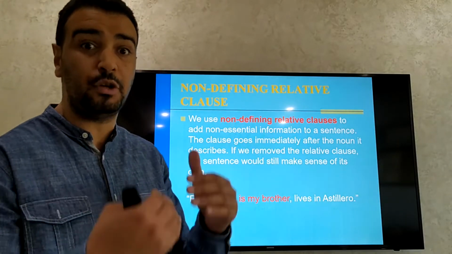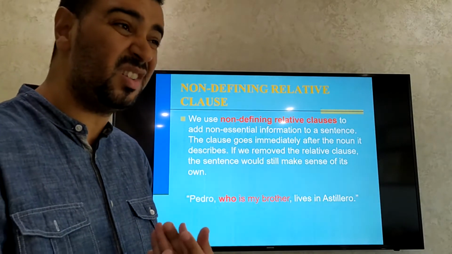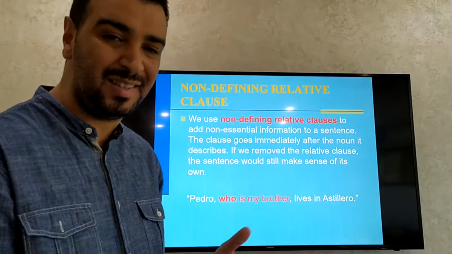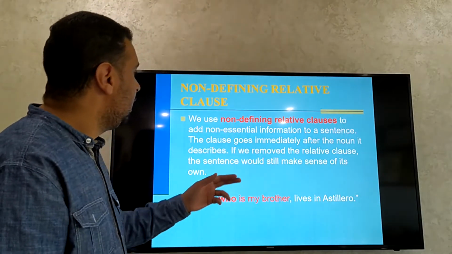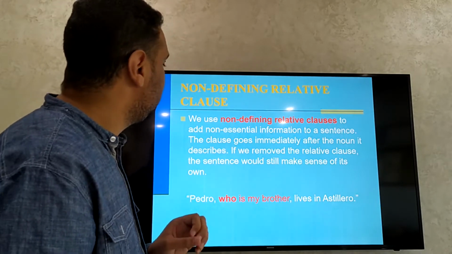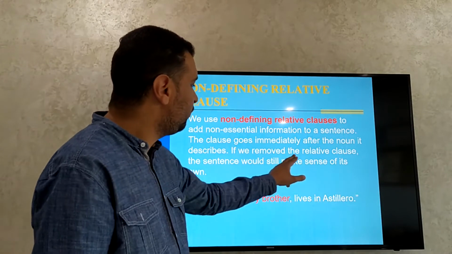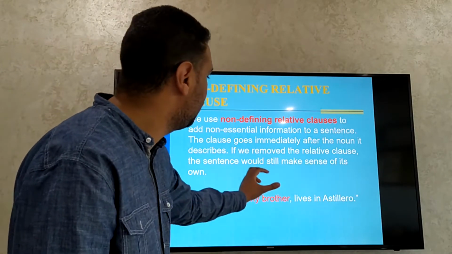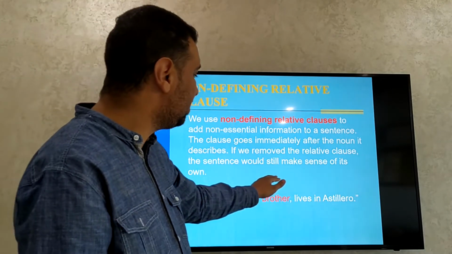We can do without that. We can omit it altogether because the information it gives is additional, extra. The clause goes immediately after the noun it describes. If we remove the relative clause, if we delete it, if we omit it, the sentence would still make sense.